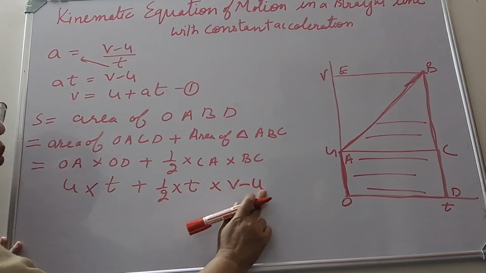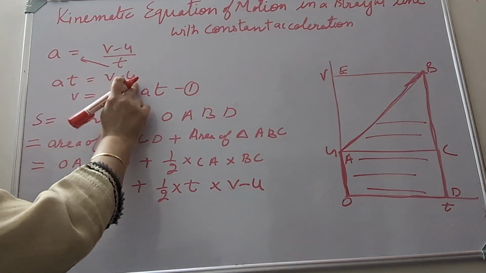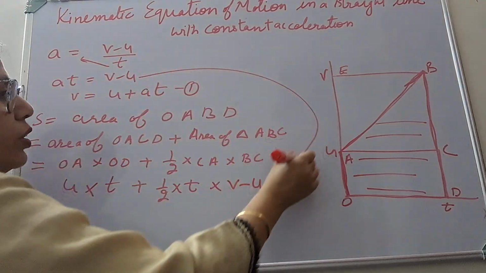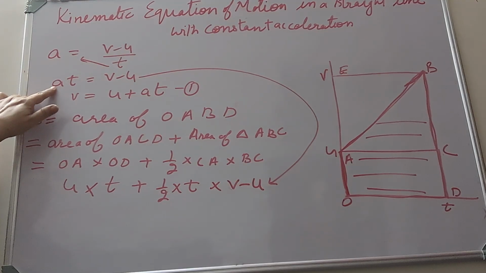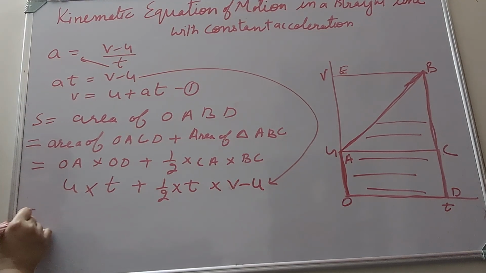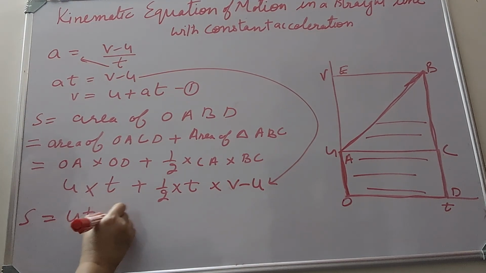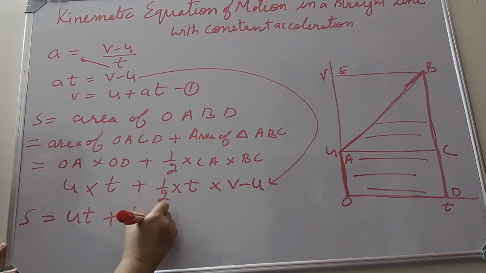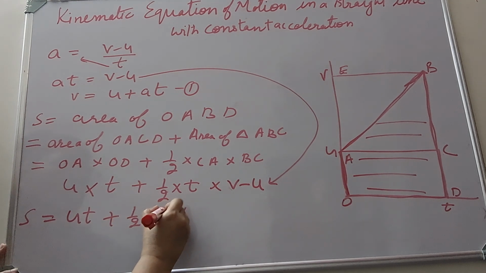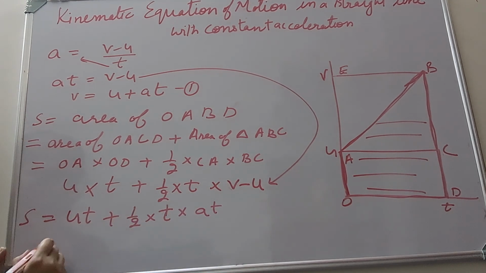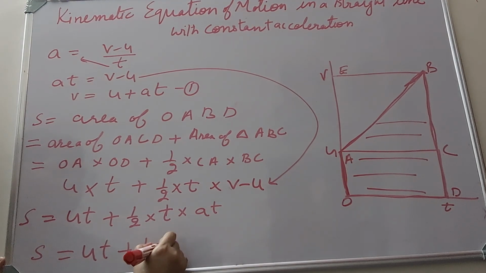Now put the value of v minus u here from this. v minus u is equal to at. s is equal to ut plus half t into at. Therefore, s is equal to ut plus half at square.